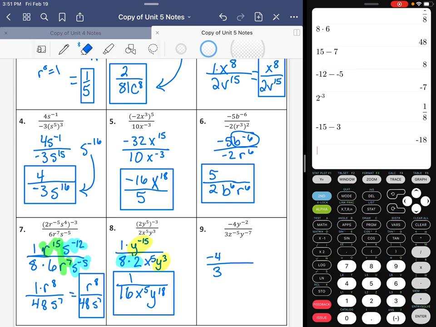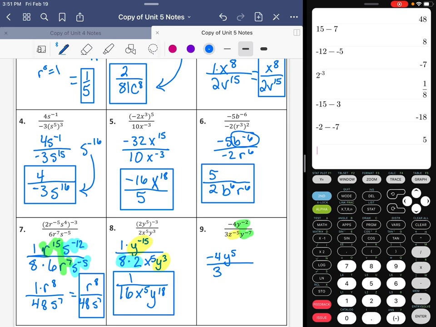Then let's look at the y's. So there isn't an x, there's a z, but it's by itself and z goes last. So let's look at the y's. So we've got negative 2 minus negative 7. So that's positive 5. So that means y to the 5th stays on top.